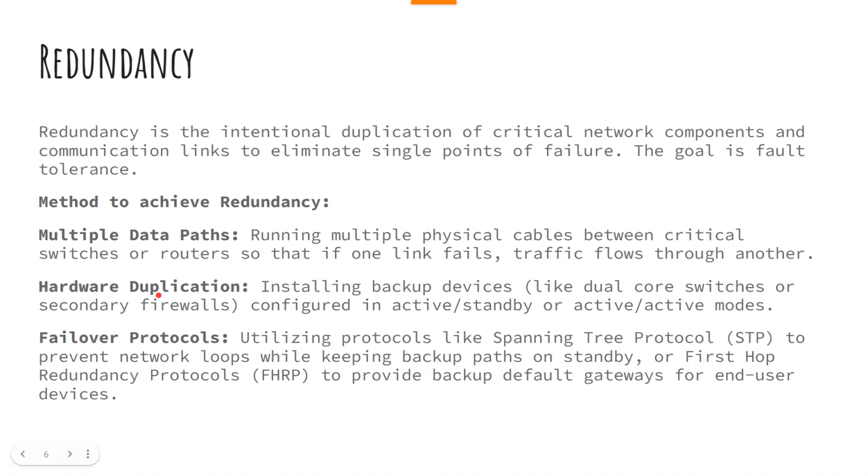When we talk about hardware duplication, it basically means you have a standby or backup device which is ready. So if the primary device, the main device, fails, I have the secondary device to which the entire load of the network can be transferred.